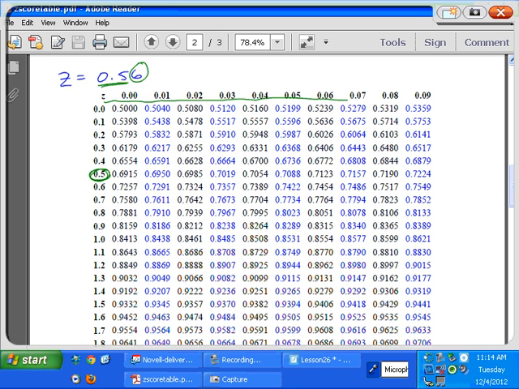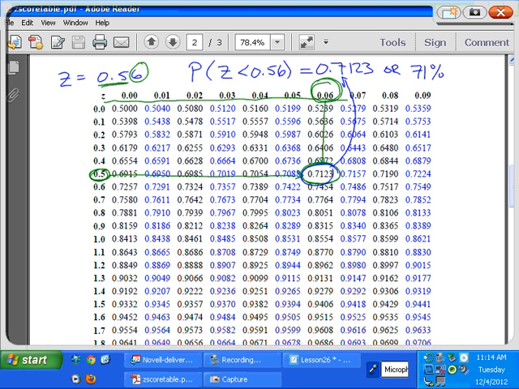So I need to find where it's 0.06. Here's my 0.06. We then come across to find where they meet, and here is my corresponding answer. So if I ended up with the probability of Z being less than 0.56, the probability would be this answer right here, 0.7123, or 71% chance of happening.